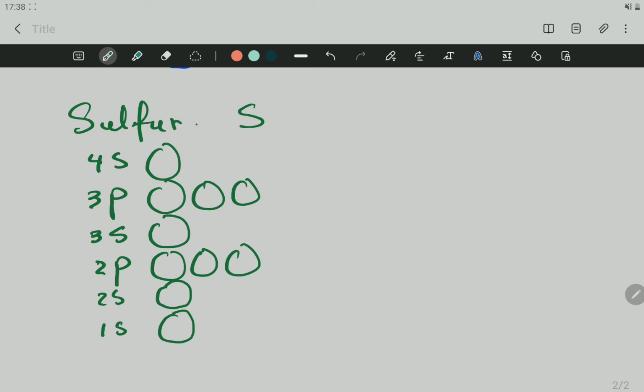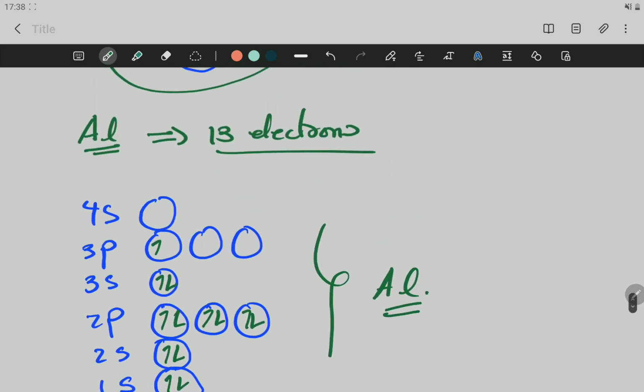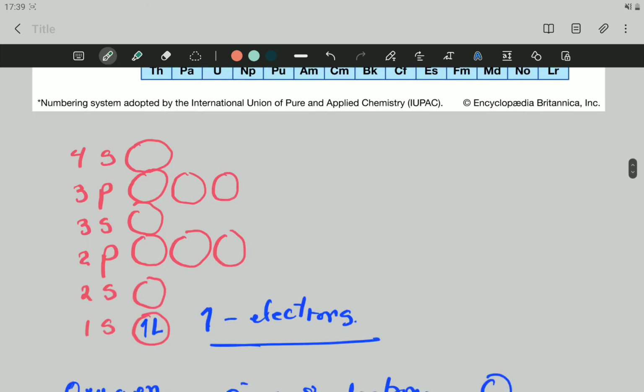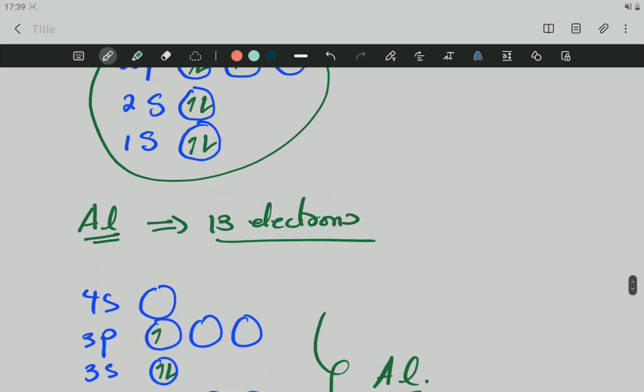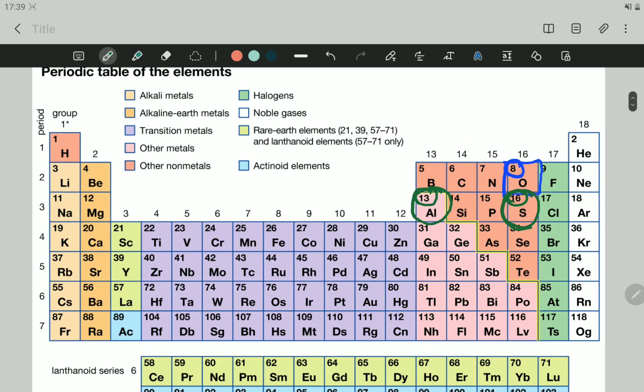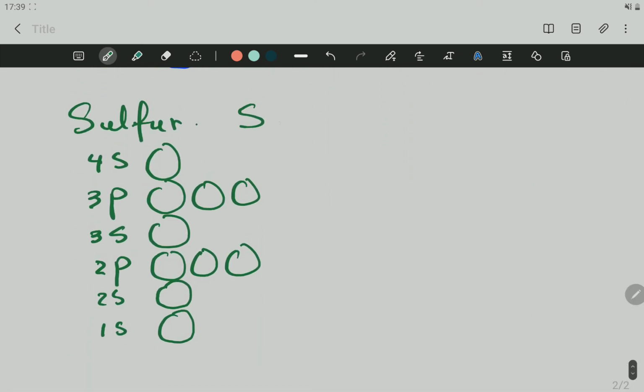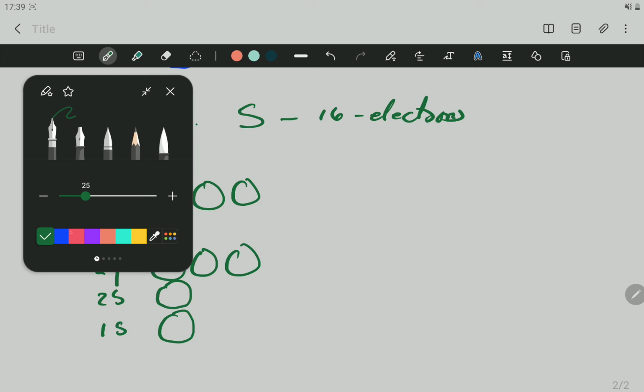Here we are. And then we need to know how many electrons we have. We have 16 electrons for sulfur, so we have to represent these 16 electrons.